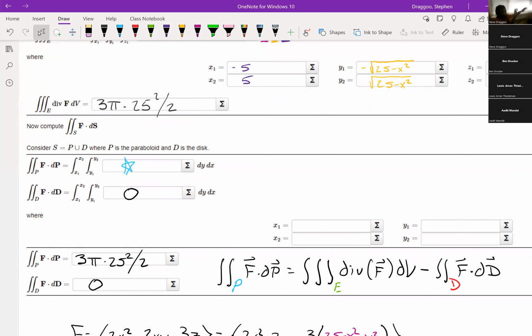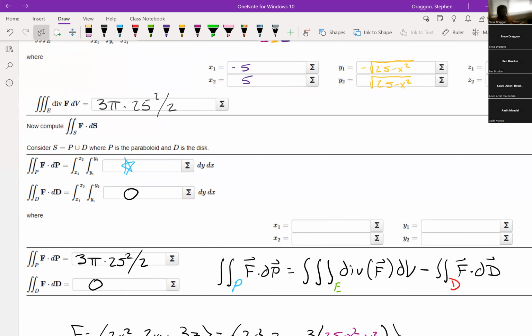So I've got my two fluxes, which are the surface integrals added together on the left, equal to the triple integral of the divergence. That's the thing on the right. So if I want to solve for the flux through the paraboloid indirectly, I could say it's equal to the triple integral of the divergence minus the flux that goes out of the disk.